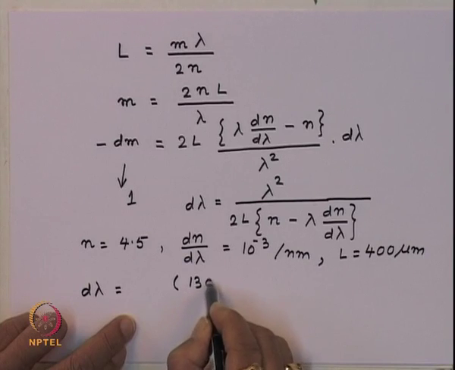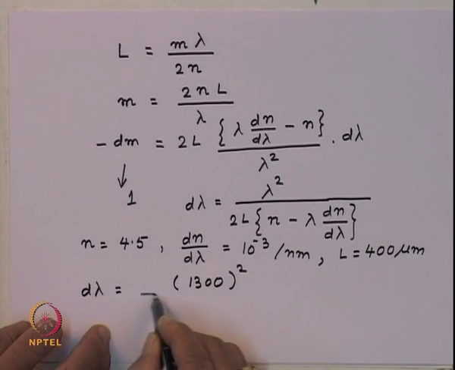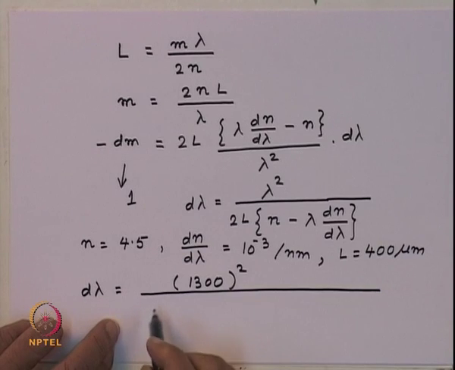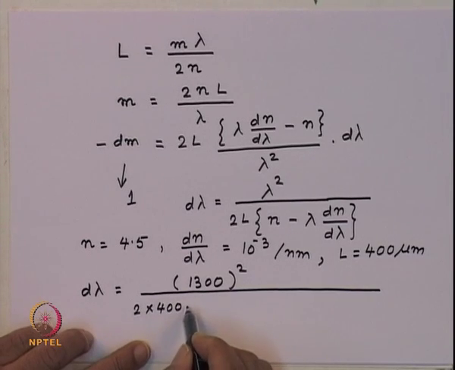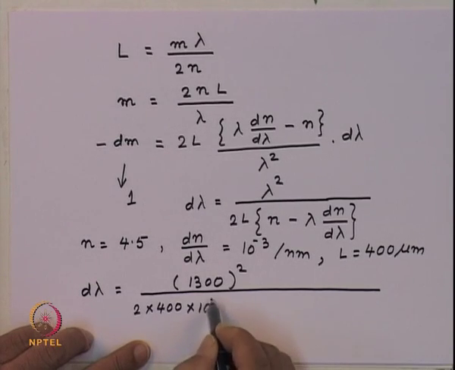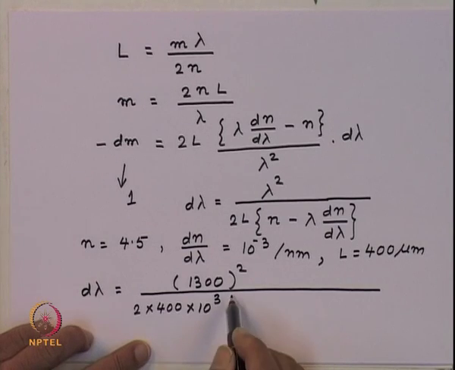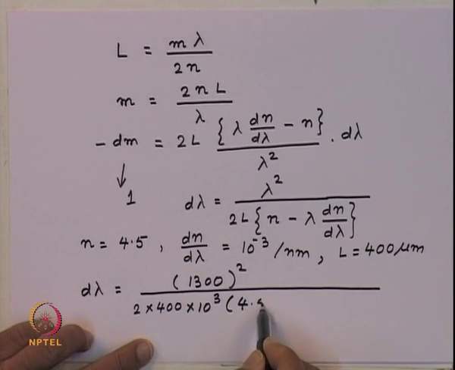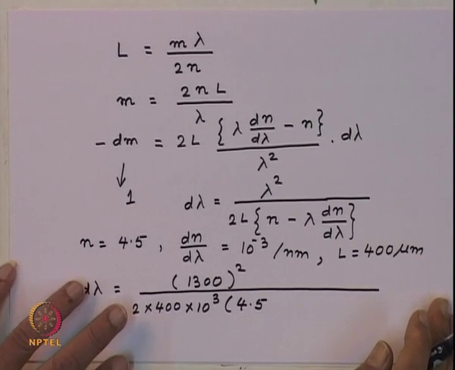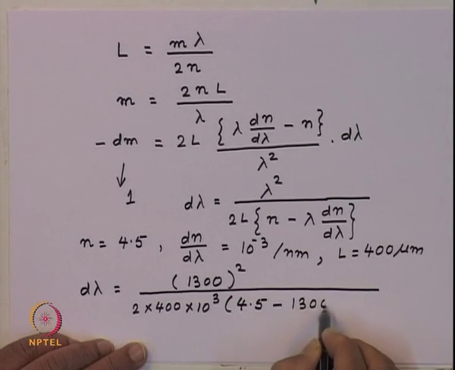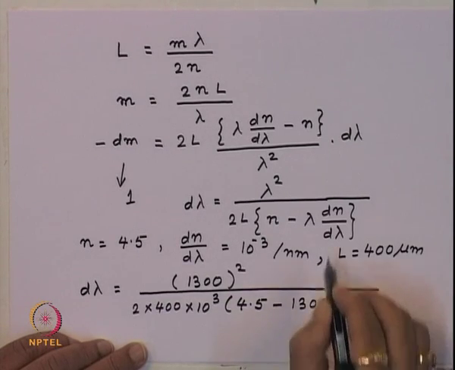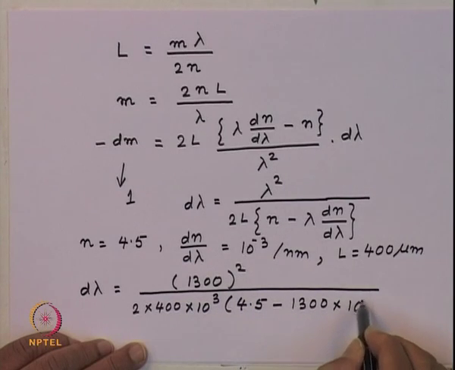So, this is 1300 square divided by 2 into 400 micrometers, which converted into nanometer is 400 times 10 to the power 3, into 4.5 minus lambda, which is 1300, multiplied by dn by d lambda, which is 10 to the power minus 3.